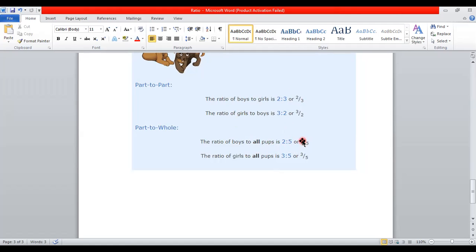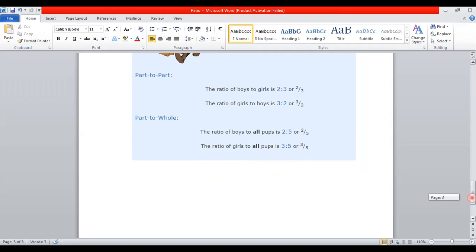Then you write 2 as the numerator and 5 as the denominator. The ratio of girls to all pups: there are 3 girl pups and altogether 5 pups. Then we can write this part to whole as 2 is to 5 and 3 is to 5. Hope you understood me.